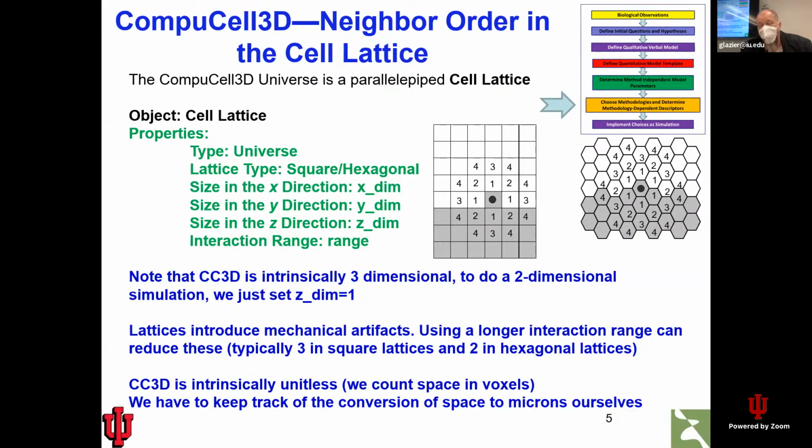I don't know if people have ever done hex lattices computationally before, but actually a hex lattice is easy to do, because if you take a square lattice and imagine joggling every other row back and forth by 1/2 voxel, that gives you a hexagonal lattice. So a square lattice maps onto a hexagonal lattice without changing the data structure. You change the adjacency list, but you don't actually change the data structure.